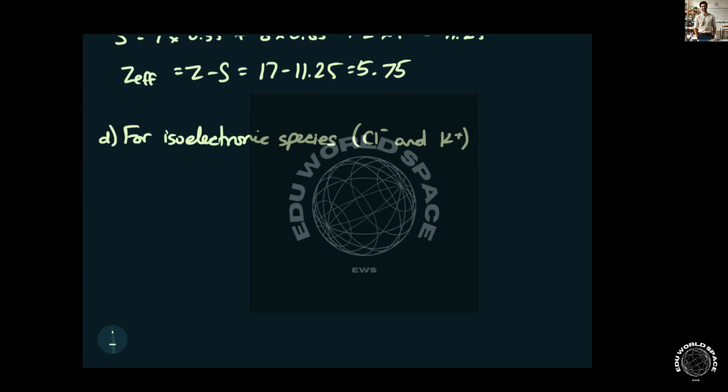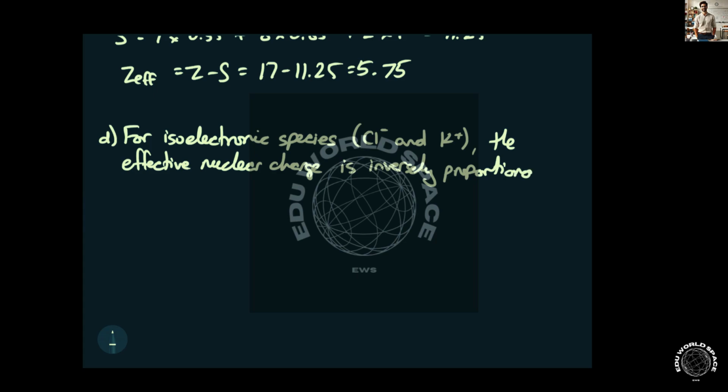The effective nuclear charge is inversely proportional to the ionic radius.